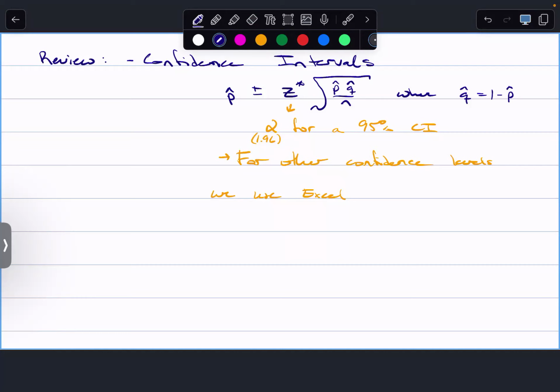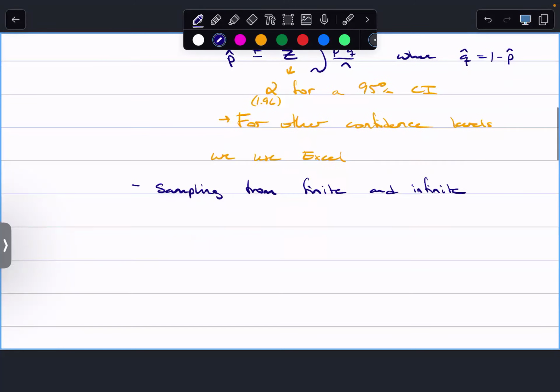And then we talked about sampling. Sampling from finite and infinite populations.